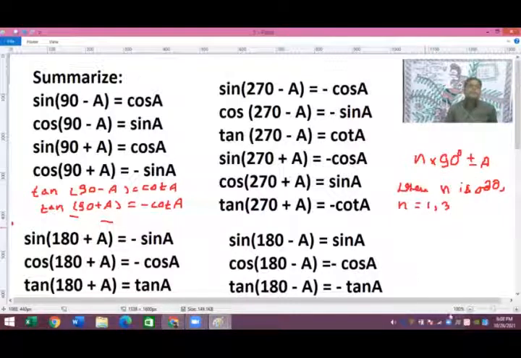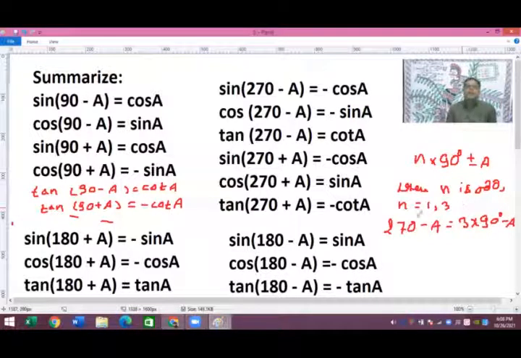So here, for example, if you are going to write 270 degrees minus A, that means this is 3 times 90 degrees minus A. Alright, that means odd number times 90 degrees minus A.